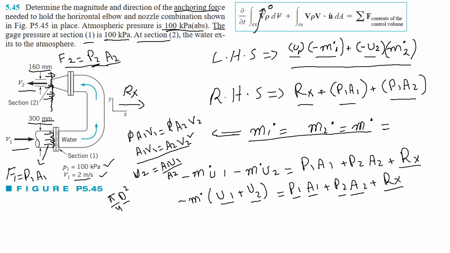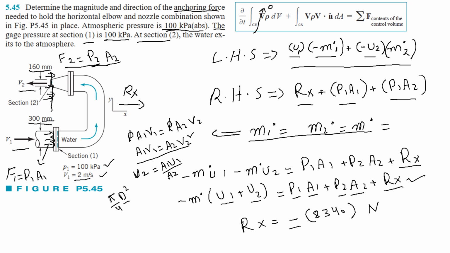So I will solve this equation for my Rx, and what I will get is a negative answer, and the answer will be 8340 Newton, but the sign will be negative.